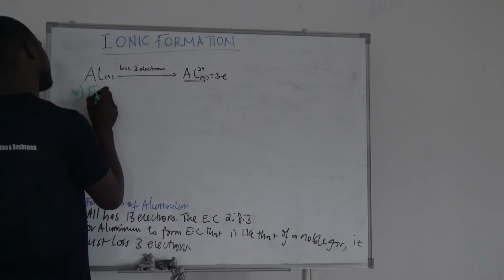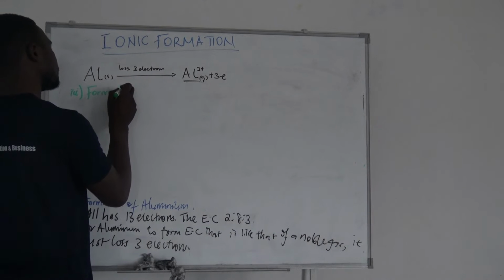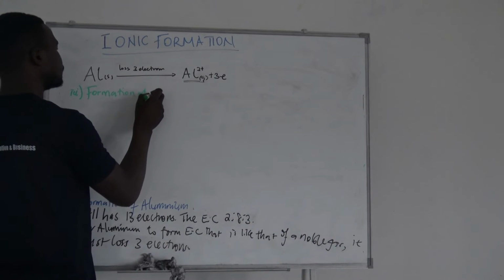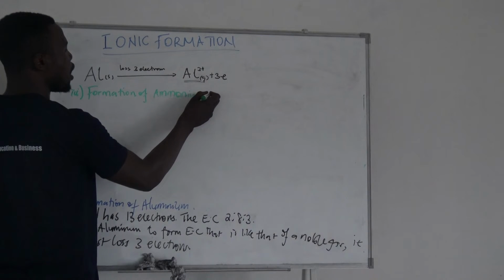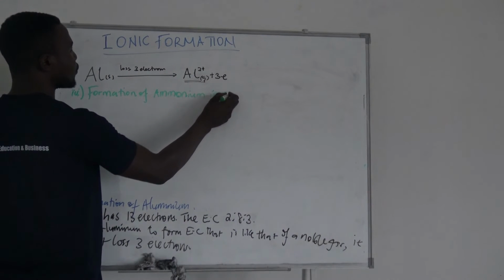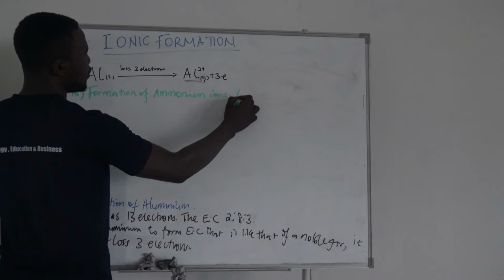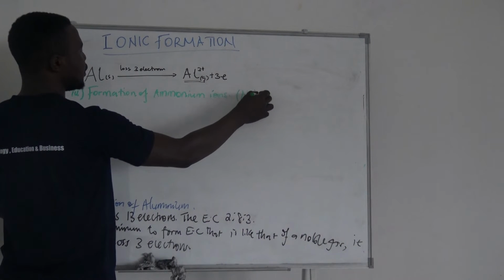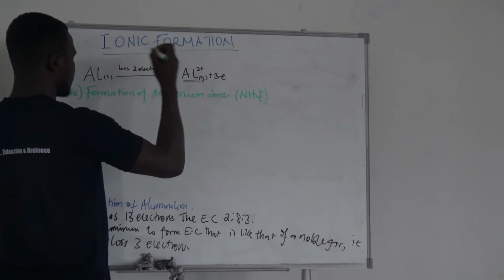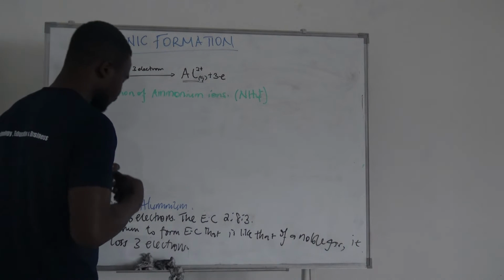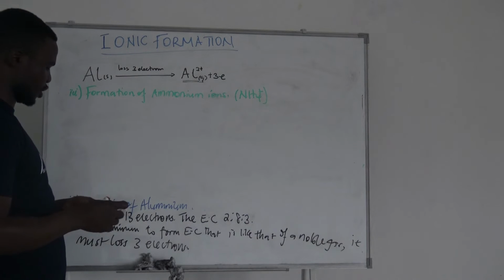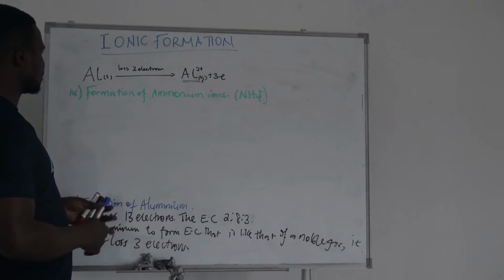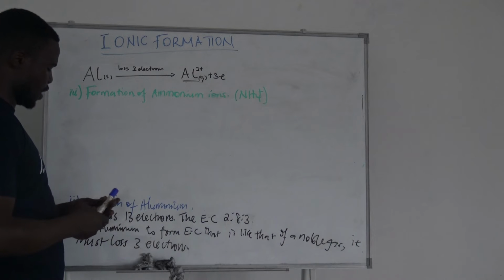We know that the ammonium ion is denoted NH4+. For the formation of ammonium ions, it is not the case, as in the formation of aluminium ions, that there is loss of electrons.